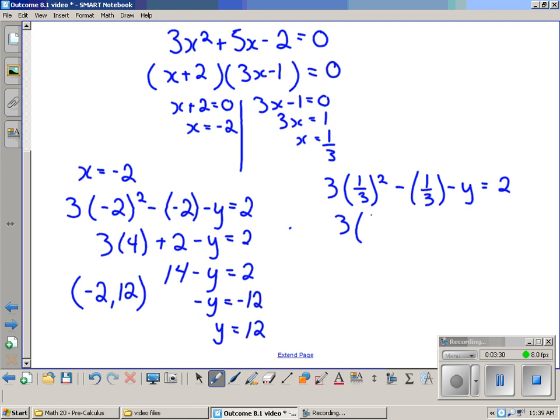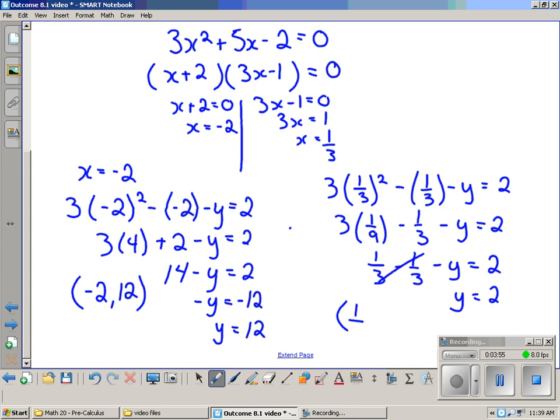This becomes 3 times 1 over 9 minus 1/3 minus y equals 2. 3 times 1 over 9 is 3 over 9 or 1/3, minus 1/3 minus y equals 2. 1/3 minus 1/3 is 0, so I end up with negative y equals 2 or y equals positive 2. So my solution is 1/3 and 2. I could verify my solution by substituting both of those solutions back into equation number 2.